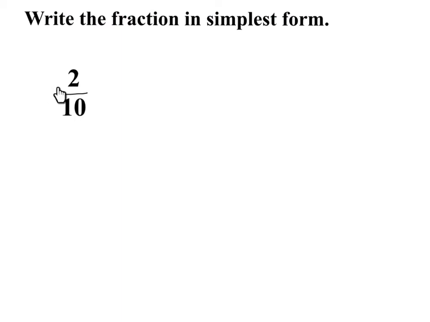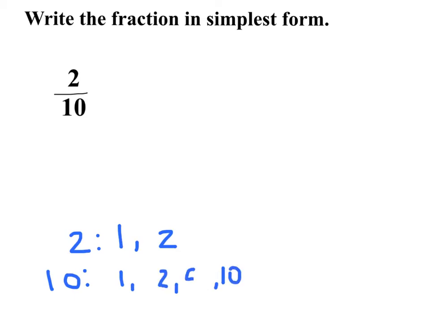Okay, so let's put 2/10 in simplest form. Do you want to pause the video and try to write it in simplest form before I show you? Go ahead and do that. If not, just pay attention. Okay, if you just unpaused your video, you should have written down that my factors for 2 are 1 and 2. My factors for 10 are 1, 10, 2, and 5.